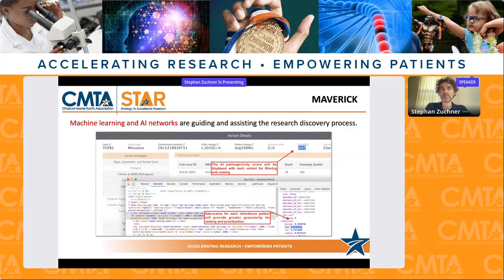This is basically a bit like, imagine a chess computer that suggests the next move in a chess game. This score suggests which genes might be important in CMT to the scientist. So there's an interactive work here between the machine learning neural network and the scientist who is trying to understand CMT genetics.